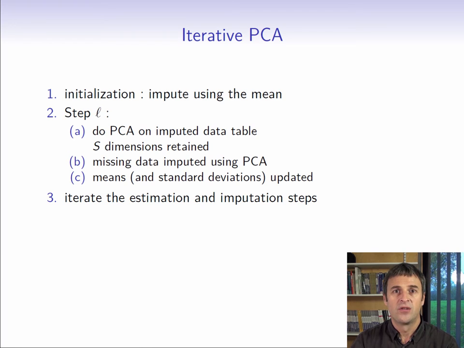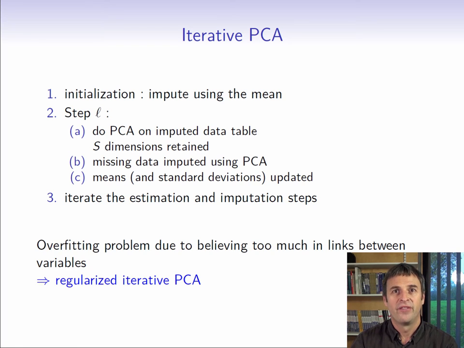Usually, convergence is quick, so the algorithm can sometimes overfit. In practice, overfitting is common. It comes from believing too much in the links between variables, which may not be as strong as we think, notably due to missing data. For this reason, we usually prefer to use a regularized version of the iterative PCA algorithm.